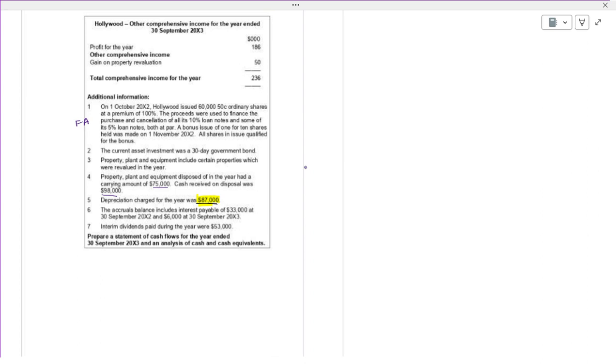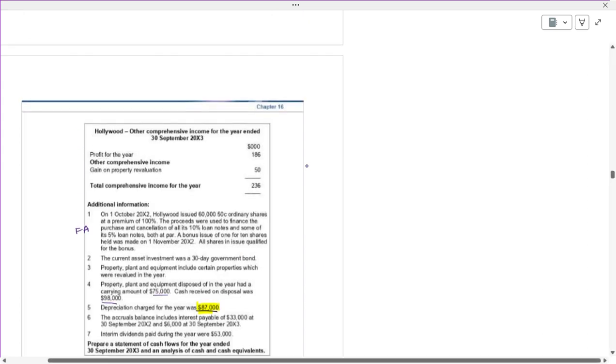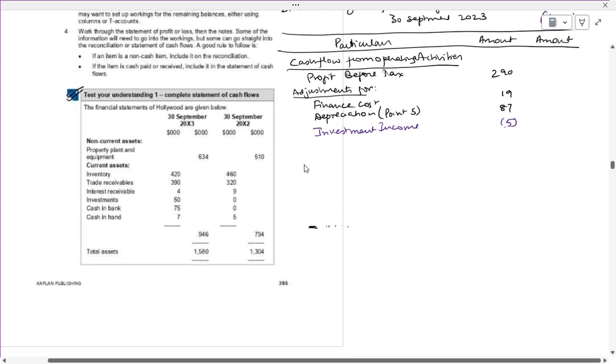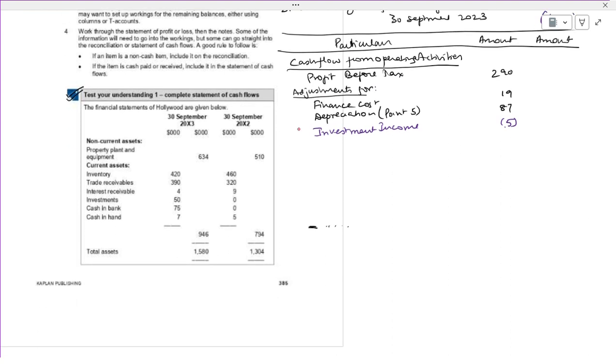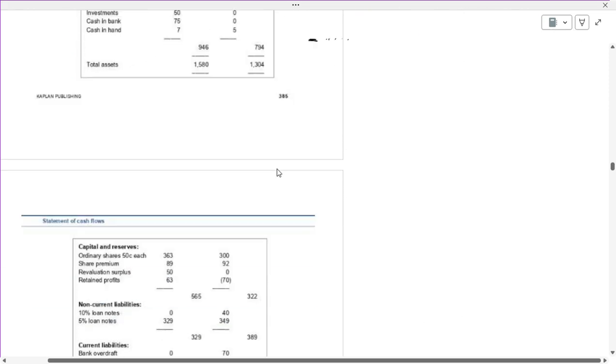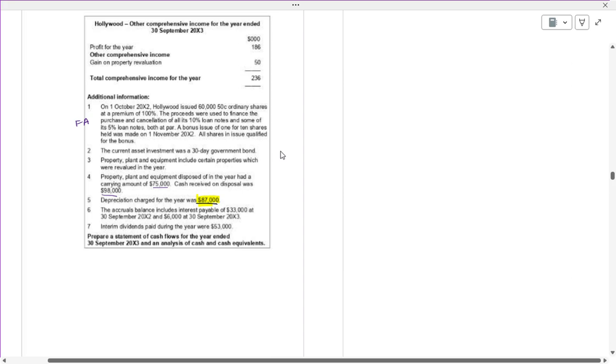We have to minus it. 75 minus 98. No second thought. Is it right? Minus. If I'm not writing minus, profit on sale. Point number 4.